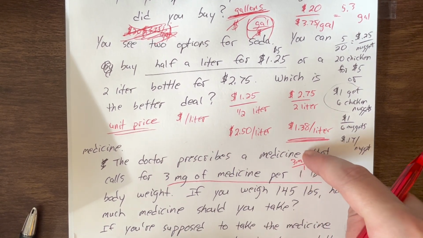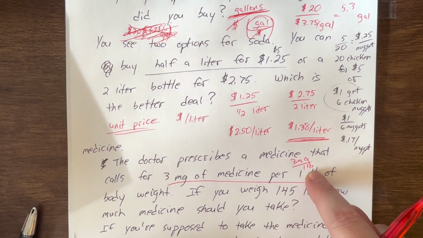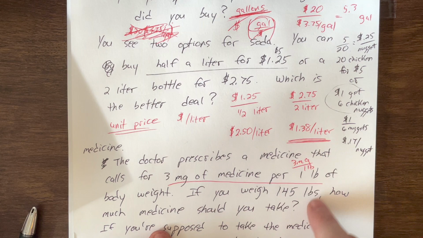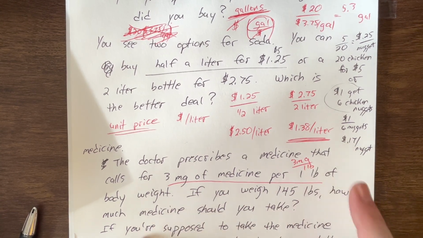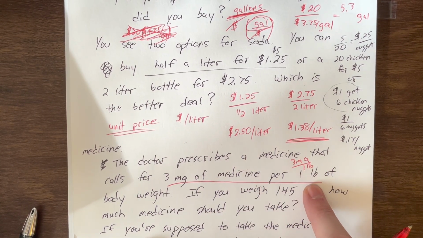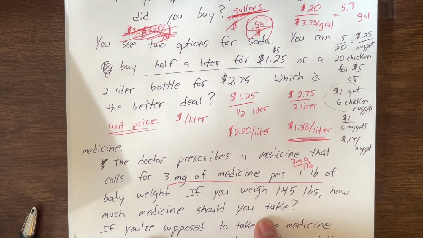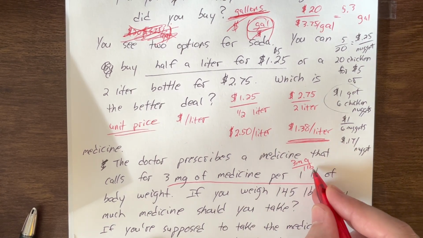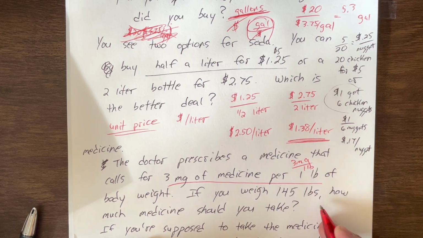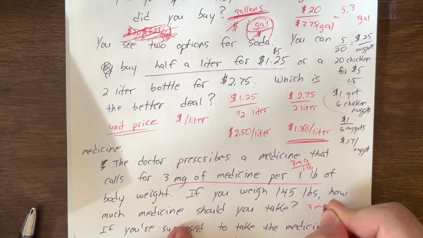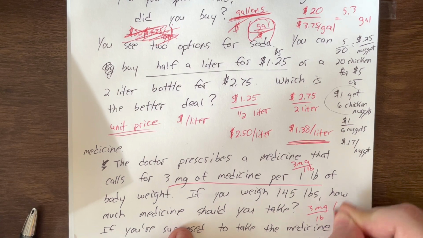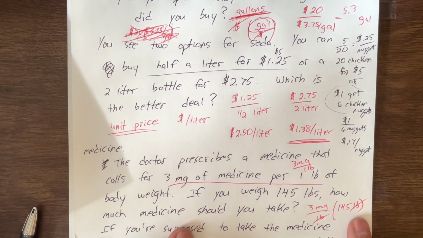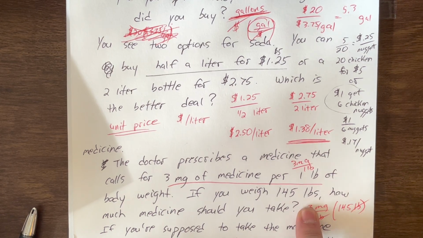We've got a rate. Per pound, my weight is given in pounds. So again, focusing on the units. Milligrams of medicine per 1 pound. How much medicine should you take? My answer is going to come out in milligrams. So if I've got pounds in the denominator here, pounds are my weight. If I multiply, my pounds cancel. Oh, I apologize, I used the abbreviation here.